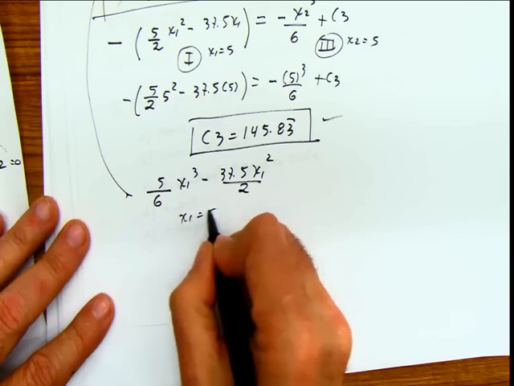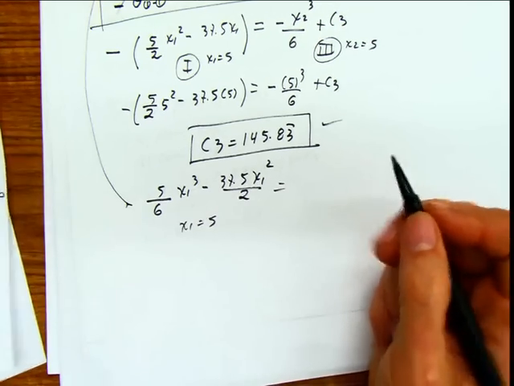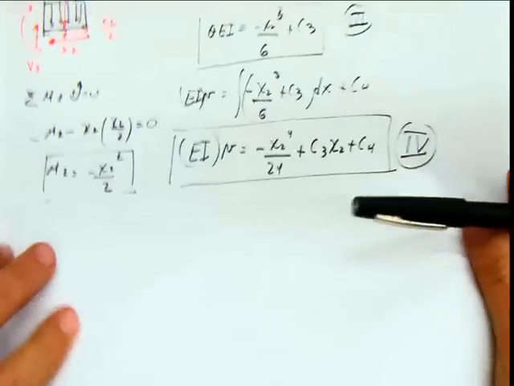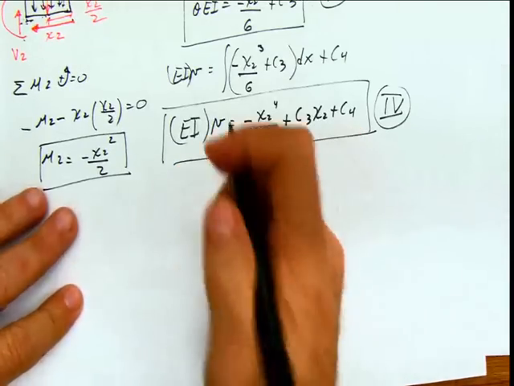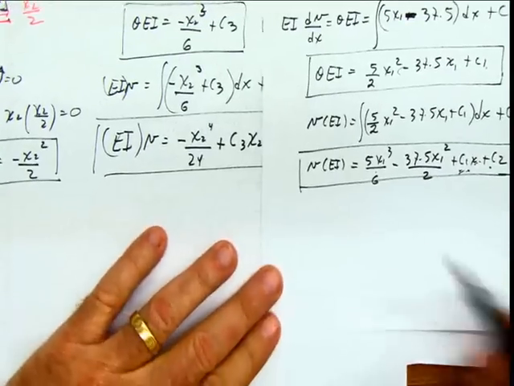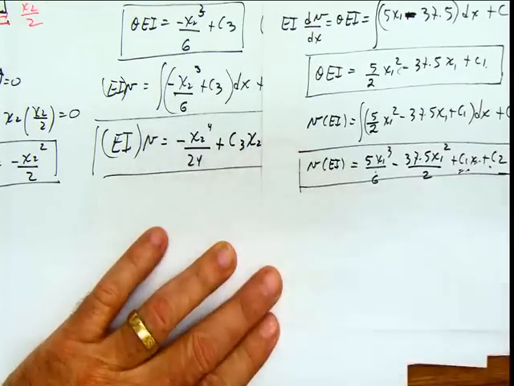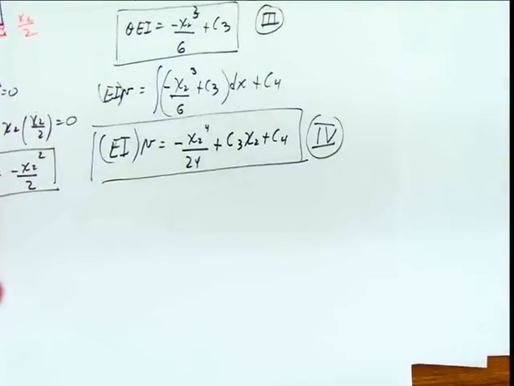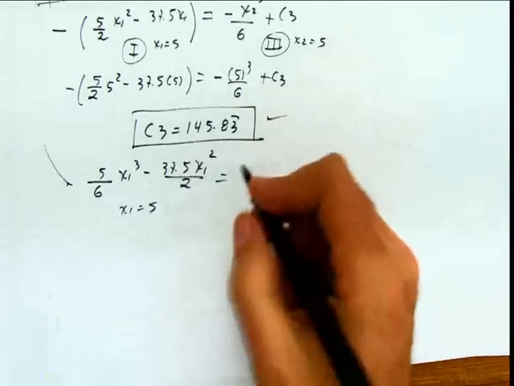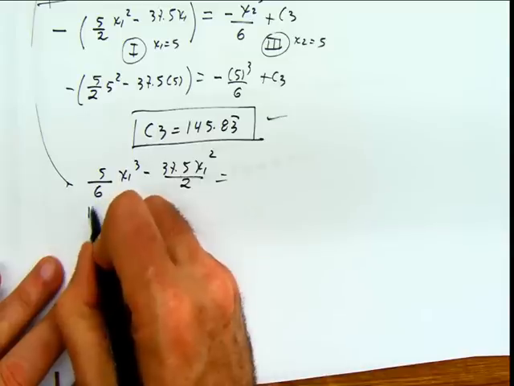For x1 equal 5, that has to be equal to my equation number 4, which we set up before. Remember, this EI and this EI are going to cancel each other out, so I don't care about those either.